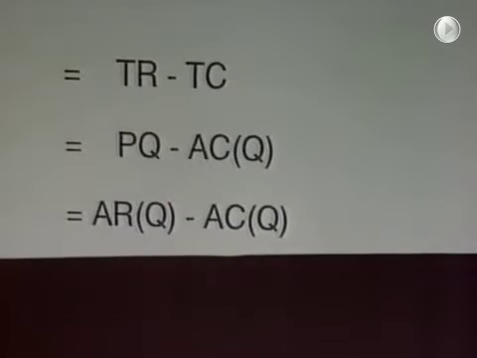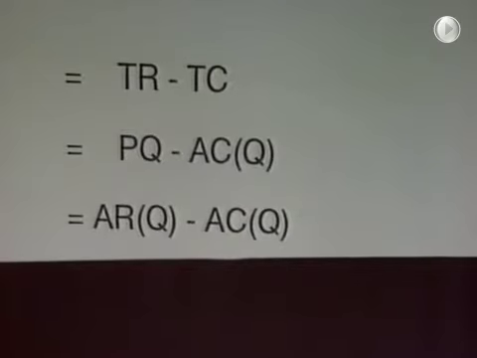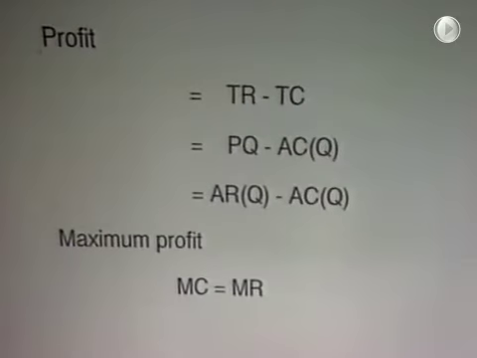Now, using marginal analysis, we can actually determine what that profit maximizing level of output Q will actually be. And it will be the point at which marginal cost equals marginal revenue, as we have here.